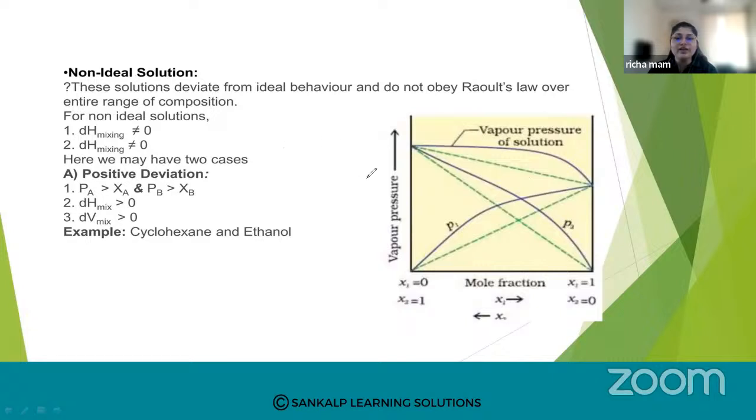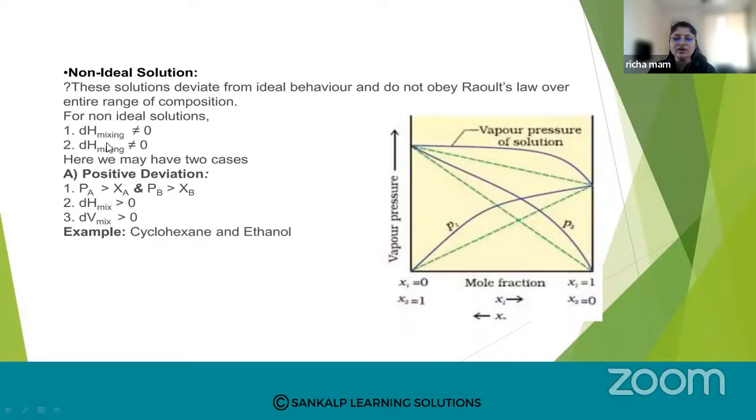If after mixing the volume is a bit less, then it is negative deviation. So what are the examples of non-ideal solutions? We'll study the examples with respect to positive deviation and negative deviation.